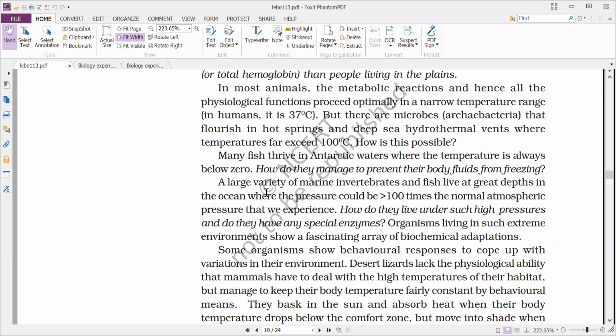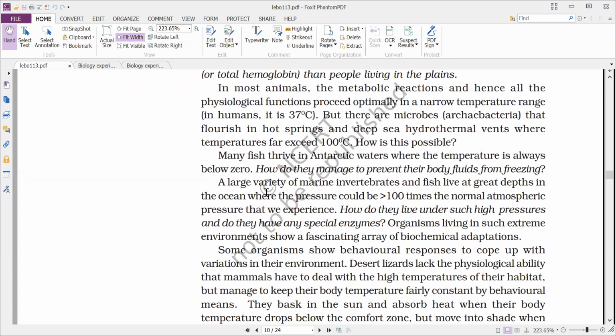Even a small change in body temperature matters. In humans, for example, the body temperature is 37 degrees centigrade, or 98.4 degrees Fahrenheit. Even a change of 1 degree centigrade results in fever. Our body temperature increases, our physiological activities are reduced, and we become lethargic and not active.